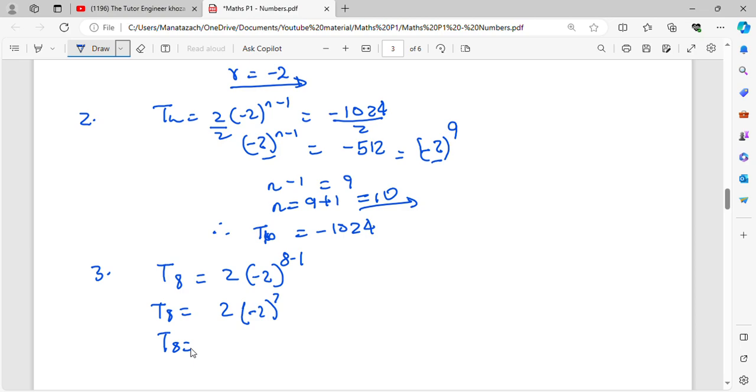So I'll just use a calculator. We'll say -2 to the power of 7 times 2, which gives us -256. Right, so this is the 8th term.